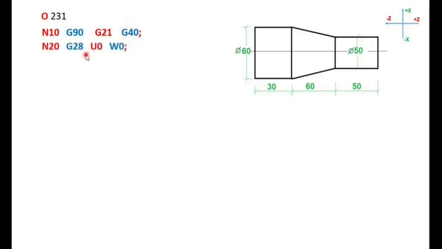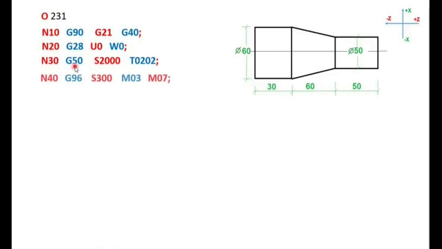Then we are giving G28 U0 W0, that is the machine coordinate system. Then G50 S2000 T0202. T02 is the second tool we are taking from the tool turret, and 02 is the offset. G50 is nothing but maximum spindle speed of 2000 rpm, so the spindle cannot rotate more than 2000 rpm.